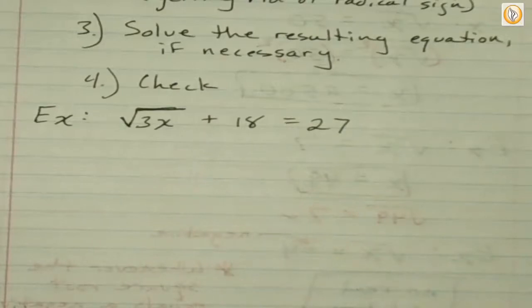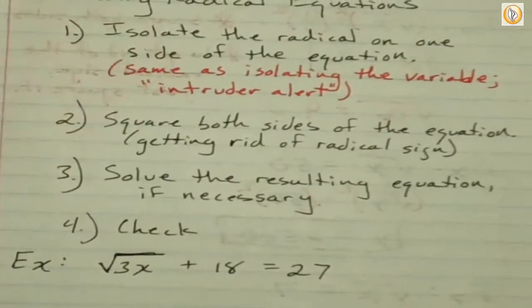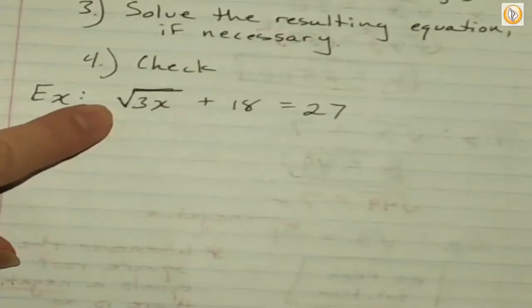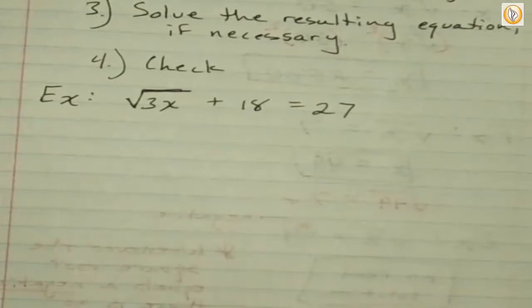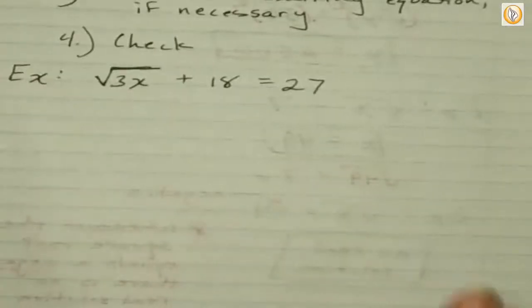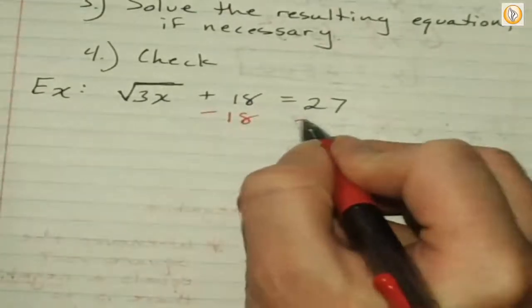So step 1 was to isolate the radical. This is your radical. We have to make it all by itself. So what do we get rid of? 18. How do I get rid of the 18? You subtract it on both sides.